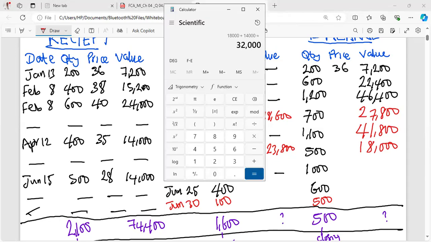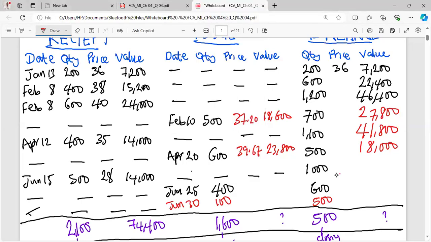That gives us 32,000. So here will be 32,000. Okay. So it's now remaining this last issue and this last issue. So let's address that now.